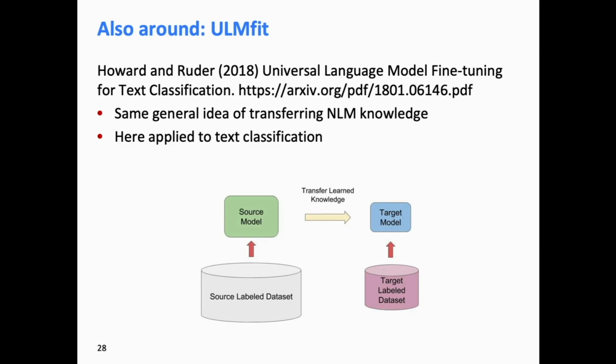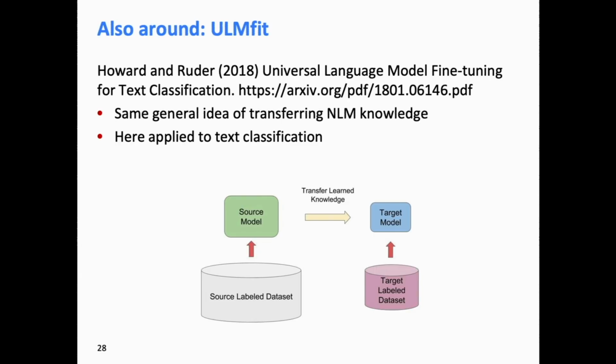So moving right ahead, here's something else that I thought I should mention a little bit. Another piece of work that came out around the same time in 2018 was this work on Universal Language Model Fine-tuning for text classification, or ULMFiT, by Howard and Ruder.